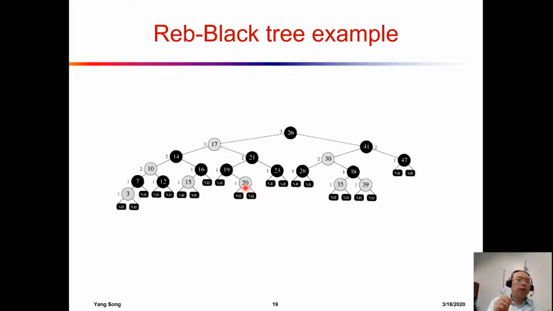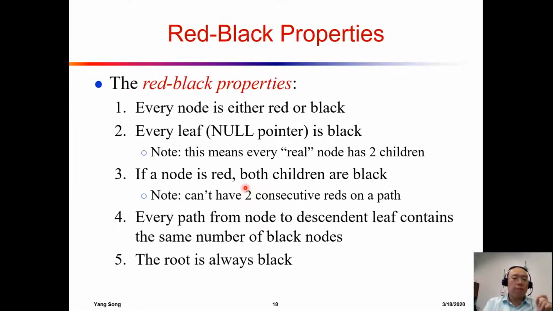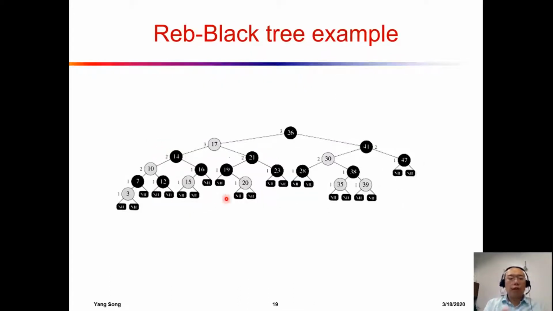But in the red-black tree, the rule is for all the leaves, they will have two children, and both of them will be nils. So let's come back. Every leaf, which are all the nil pointers, is black. So in the red-black tree definition, they are all nil pointers, and they are all black.